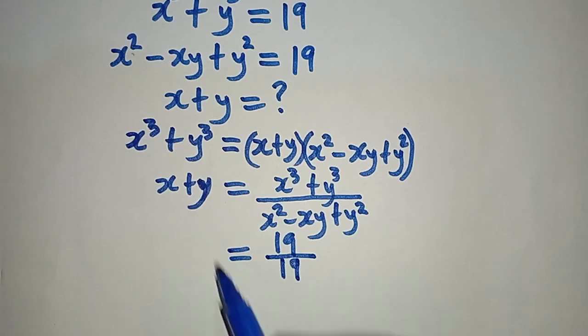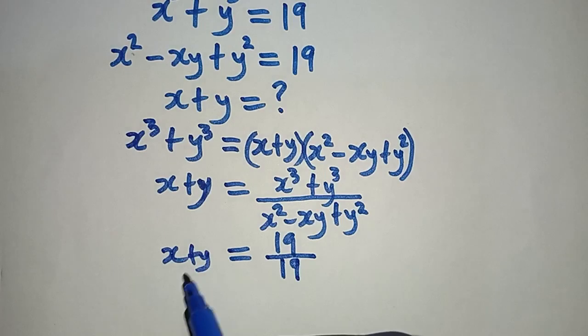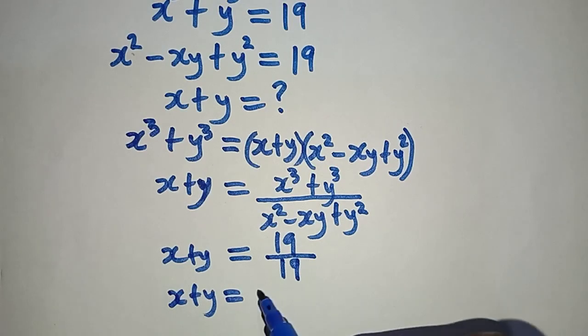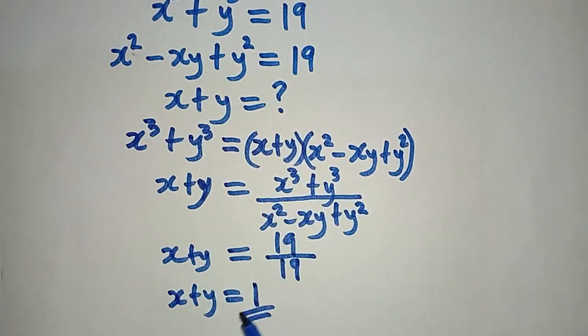So don't forget, this is x plus y. And so I can now say my x plus y is equal to 19 divided by 19, which will give us 1. So from the question there, x plus y is equal to 1. That is the final answer.